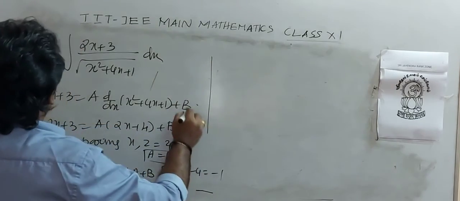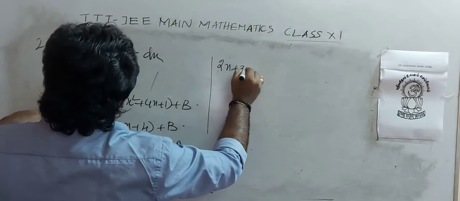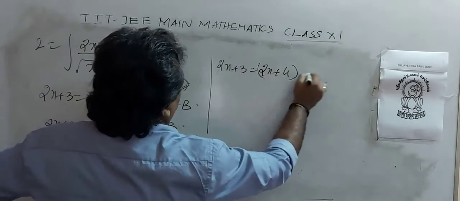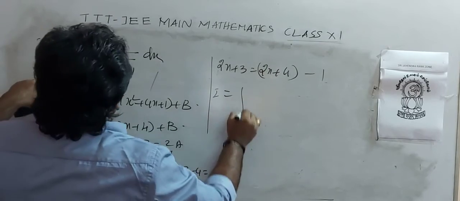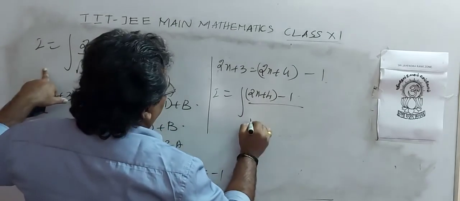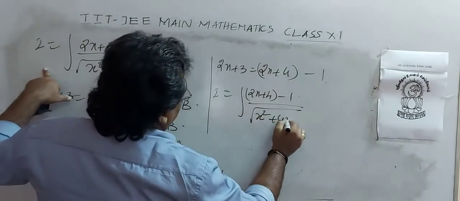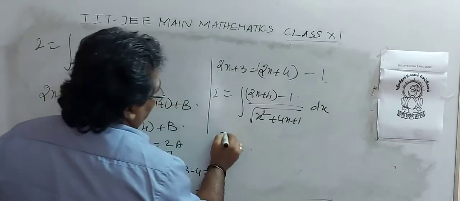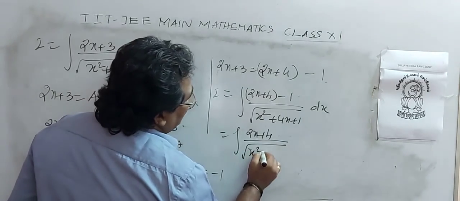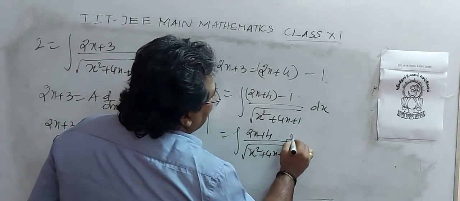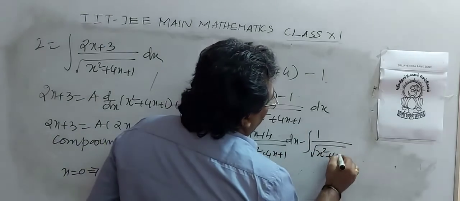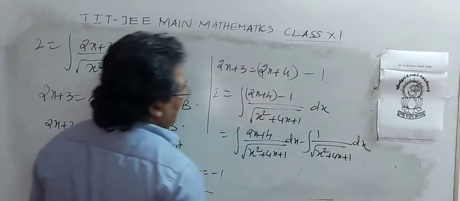Therefore, 2x plus 3 equal to, for a 1, 2x plus 4 minus 1. So, I equal to integral 2x plus 4 minus 1 divided by root of x square plus 4x plus 1 into dx. 2x plus 4 divided by root of x square plus 4x plus 1 dx minus 1 by root of x square plus 4x plus 1 into dx.